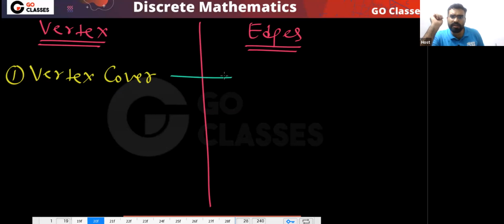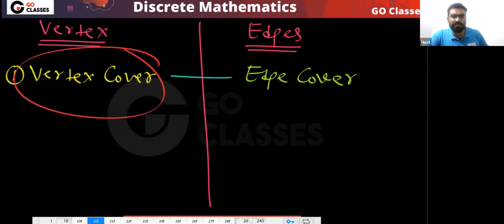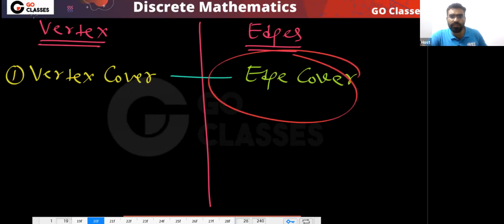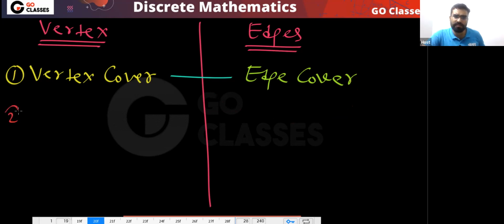And the corresponding concept for edges is edge cover. What is edge cover? This is a set of edges which will cover all the vertices. So you can notice this is a concept for vertices, this is the concept for edges. Here a set of vertices which will cover all the edges. Here a set of edges which will cover all the vertices. Another is independent set.